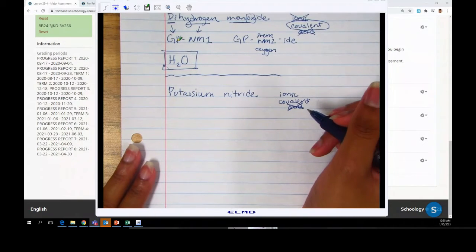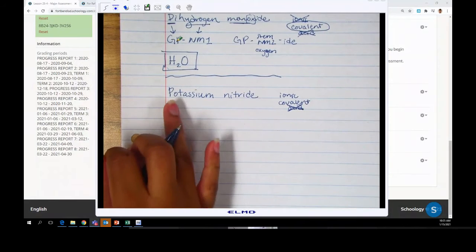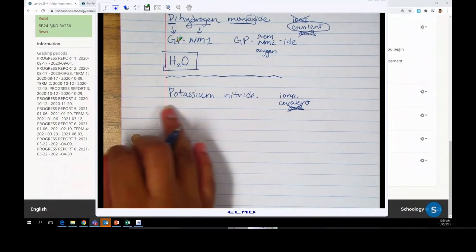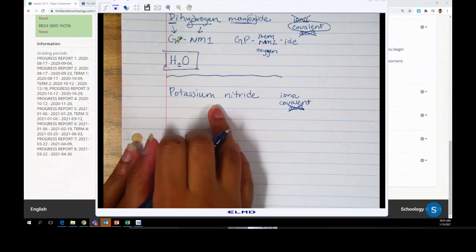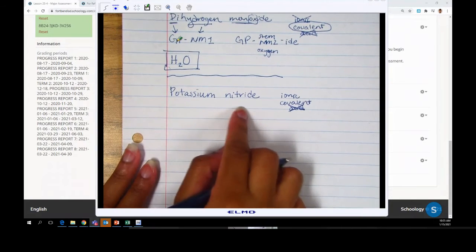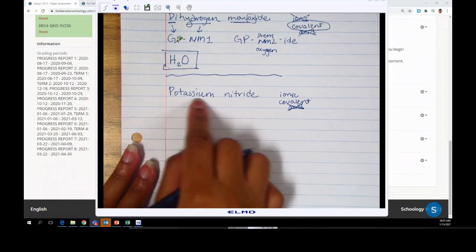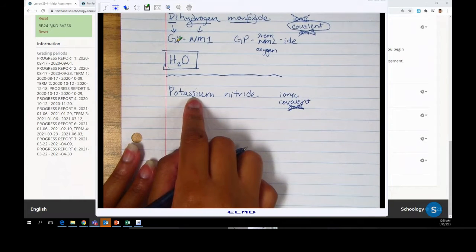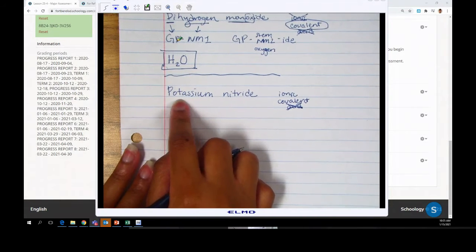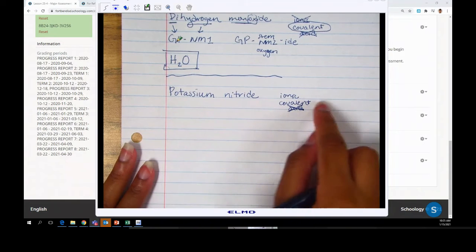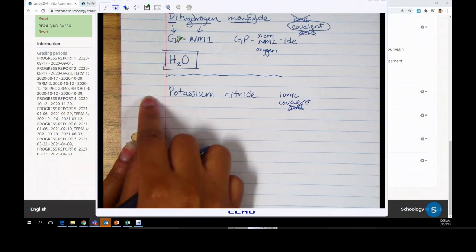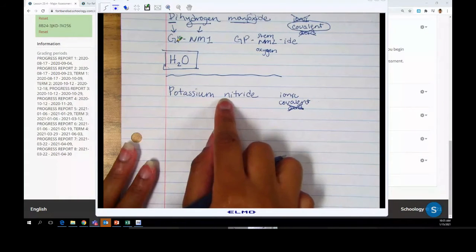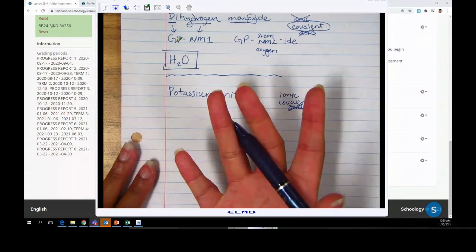And do we see any Greek prefixes in this name? Any mono, di, tri, penta, hepta? We don't see any of those either. So if we don't see any Greek prefixes, we know that in our covalent compounds, even if the first word doesn't have a Greek prefix in front of it, the second word must have some Greek prefix in front of it.